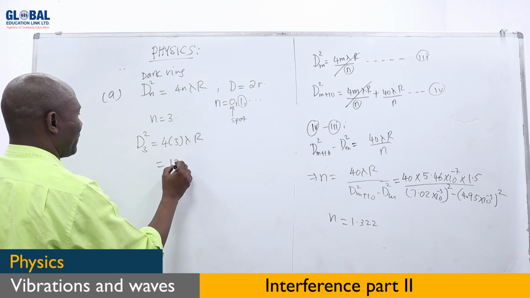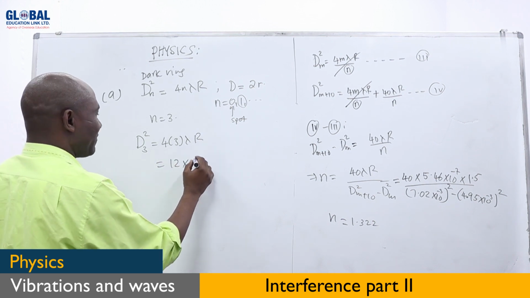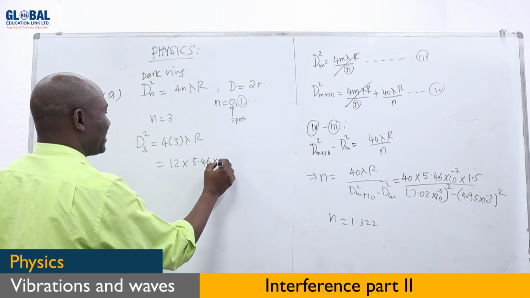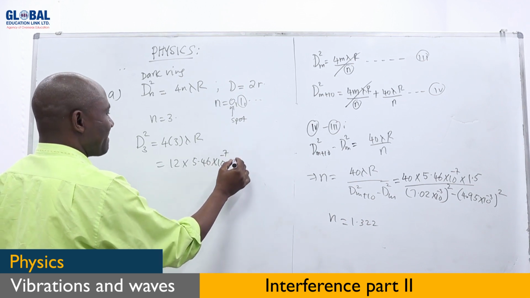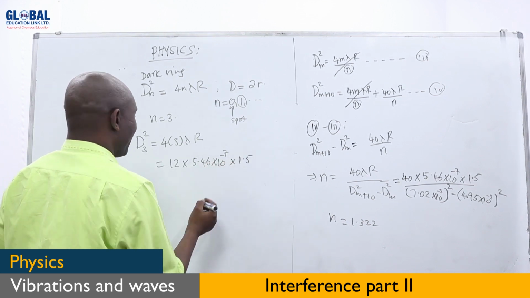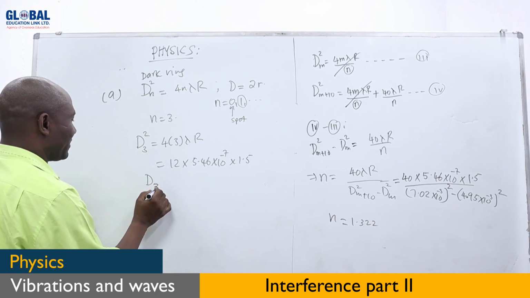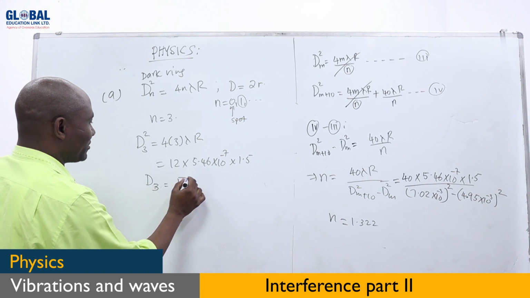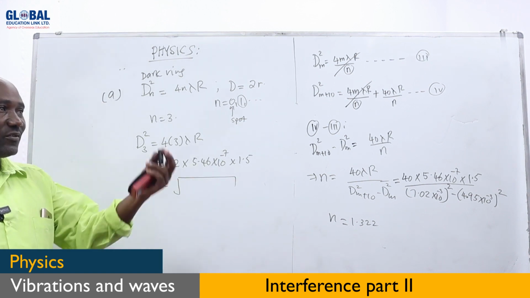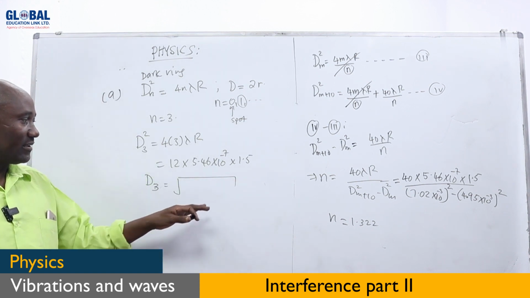We take 12 times lambda, which is given as 5.46 times 10 negative 7, converted into meters, times radius of curvature 1.5. You can find the diameter for the third by finding the square root of that value. I'm giving you the hints, so at least now you can check the values.